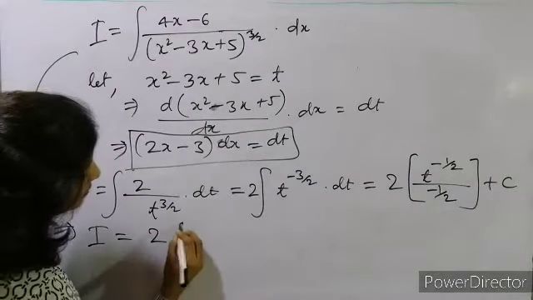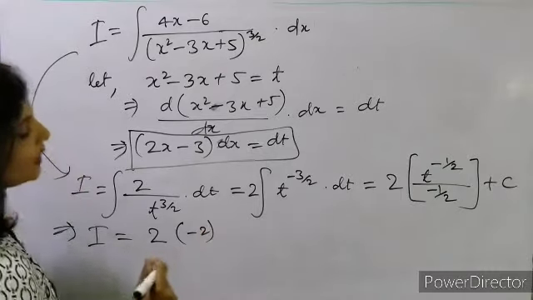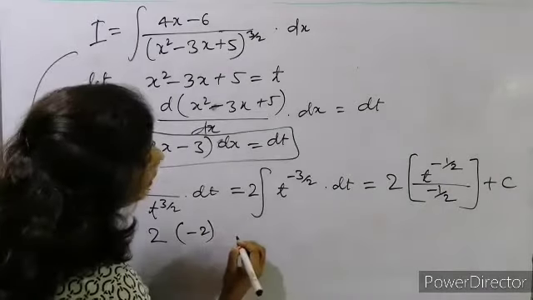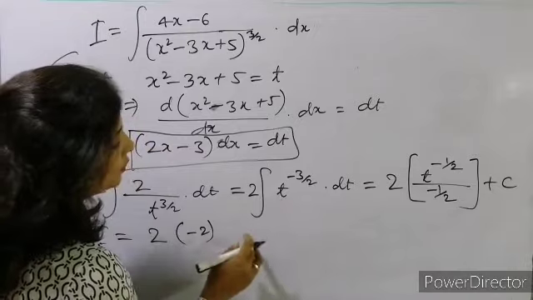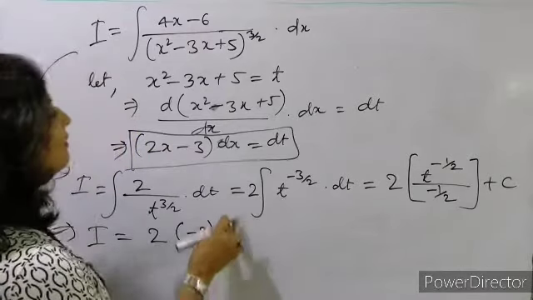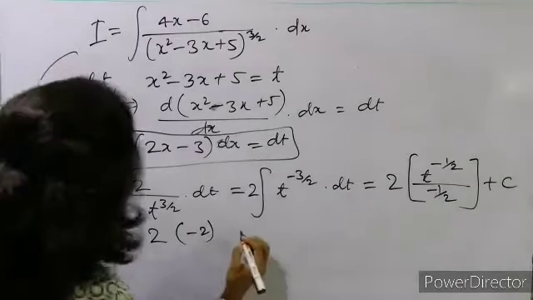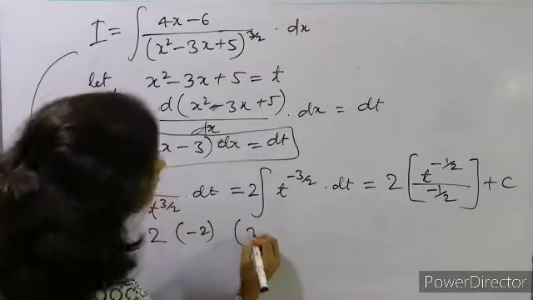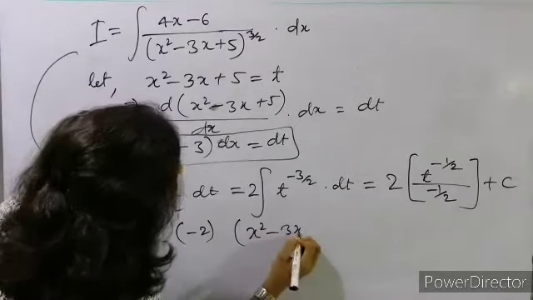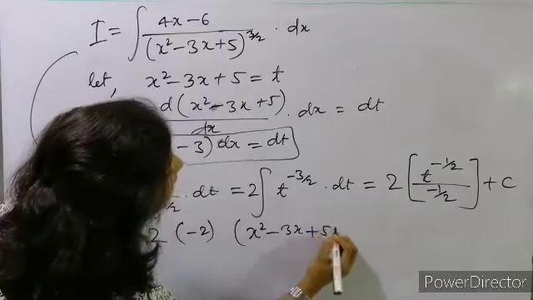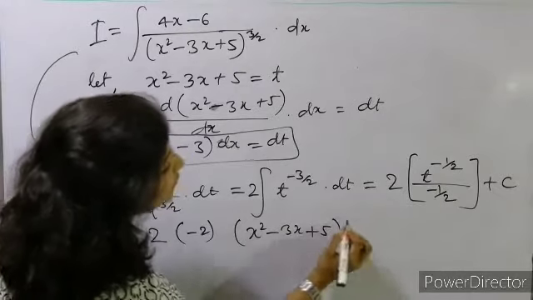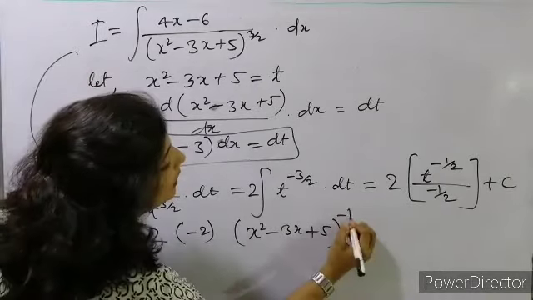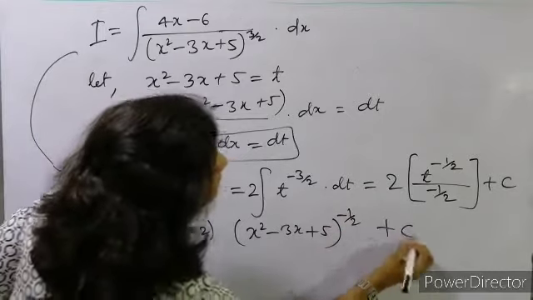So it becomes multiplied by minus 2, now t to the power minus 1 upon 2. Now we put the value of t directly: x square minus 3x plus 5 to the power minus 1 upon 2, plus c.